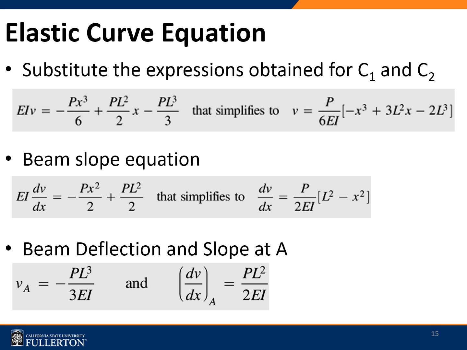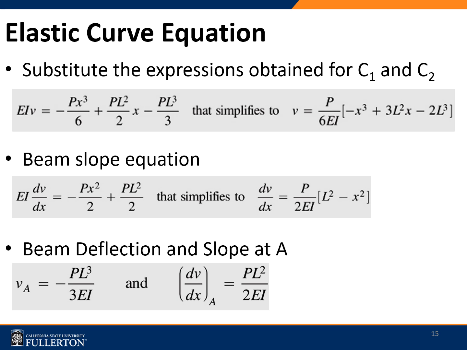So if we substitute the two constants C1 and C2 back into the equation, we could calculate the equation for deflection and the beam slope equation, as we can see here.